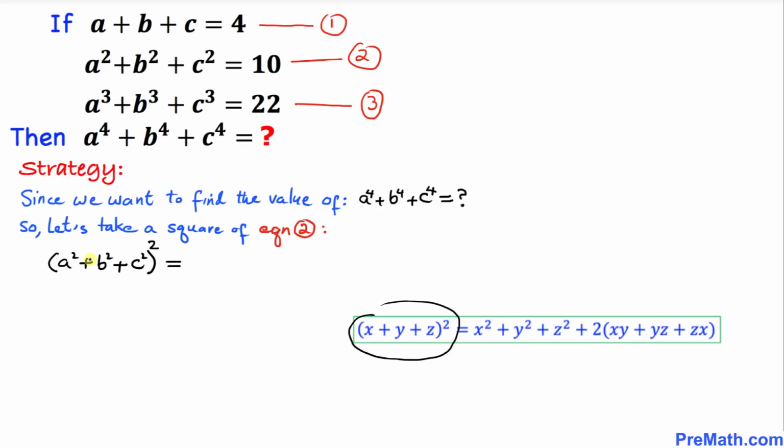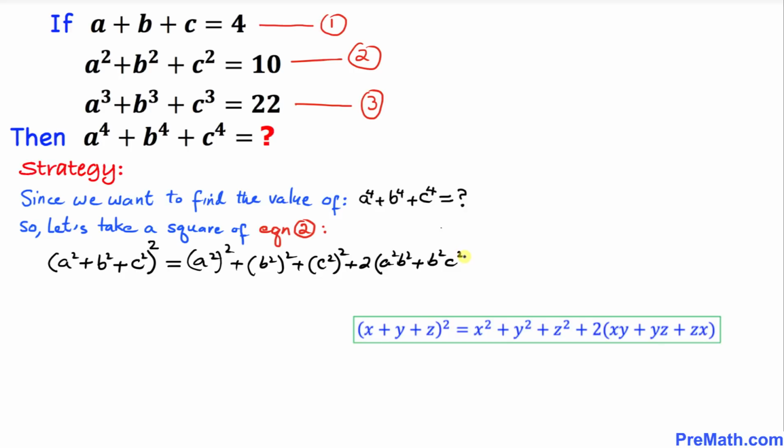So we get a square squared plus b square squared, and likewise c square squared, plus 2 times a square b square plus b square c square plus c square a square.